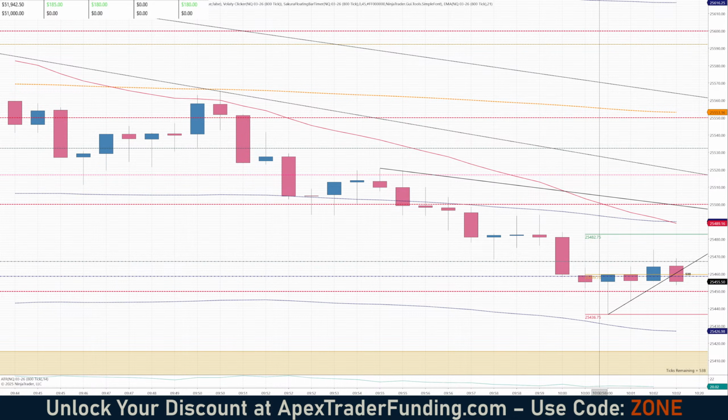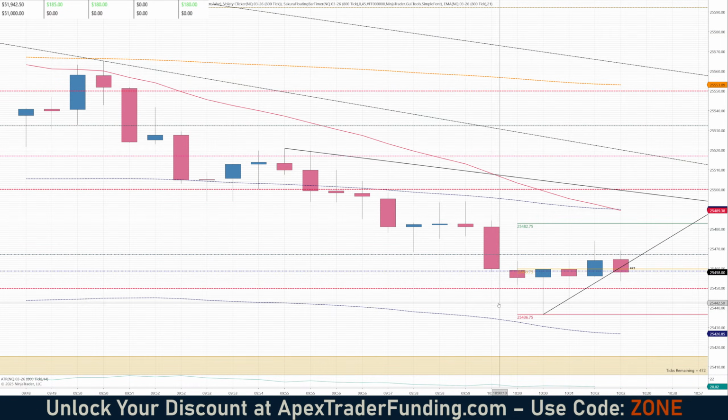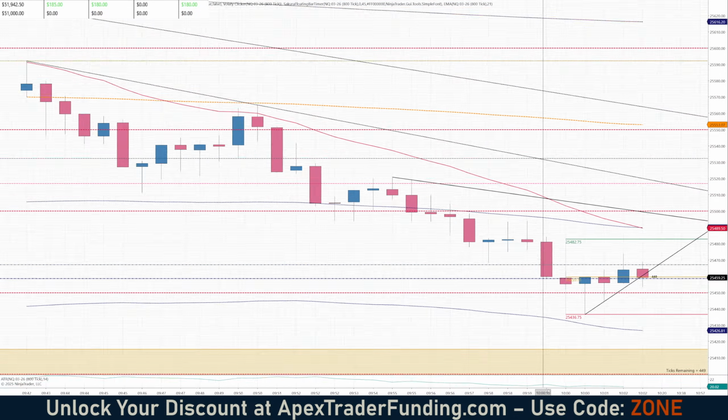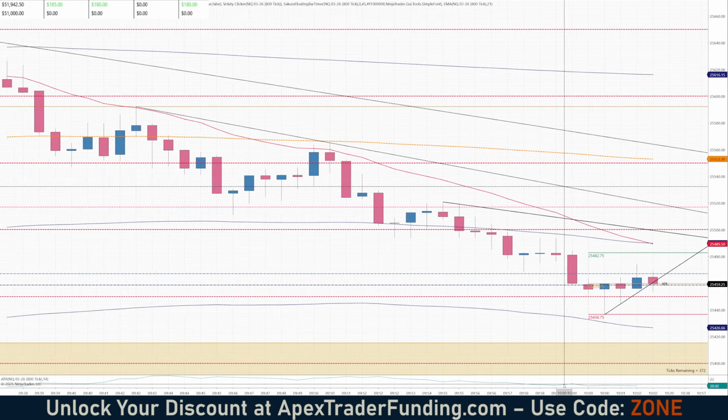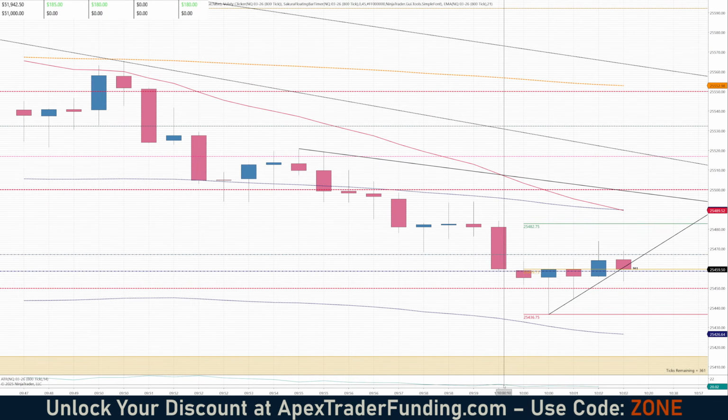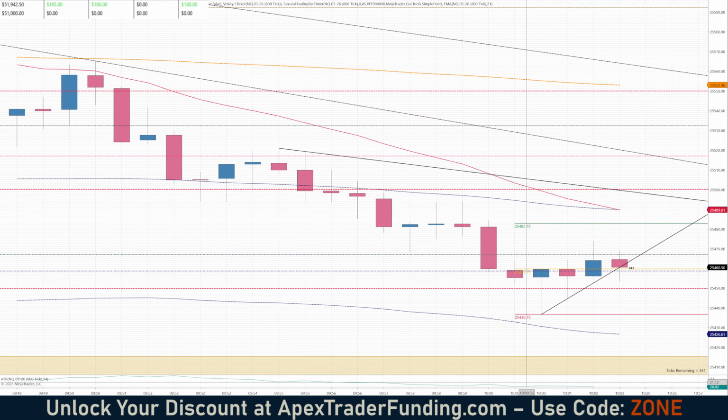I don't know if I want to take that 450 bounce again. We've been so bearish. But we've filled the gap, so I would imagine target achieved by the bears, right?